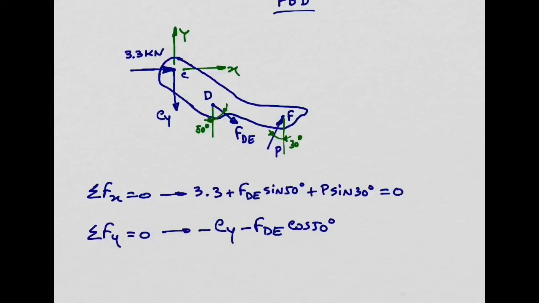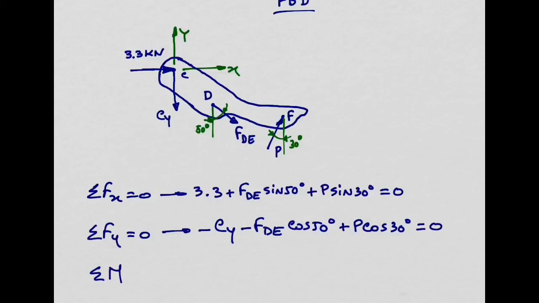What else? Plus P cosine of 30 degrees. This needs to be equal to 0 to be in equilibrium. So I'm building the equivalent system, force and moment, and making that equivalent system equal to 0. I'm doing everything in one go, right?